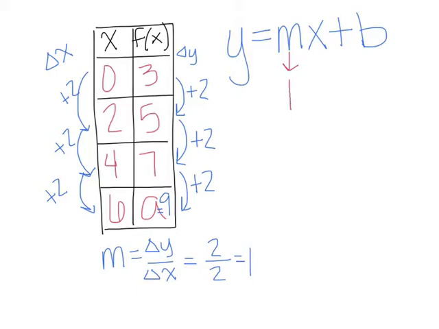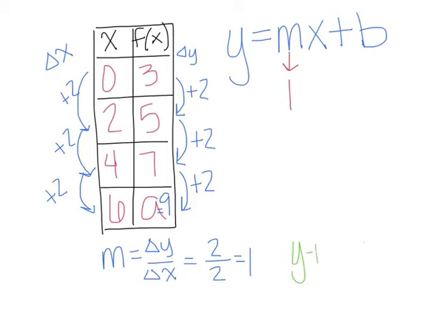Now we need to know the y-intercept. So let's take a look here at the y-intercept. Remember, the y-intercept is what happens when x is 0, right? So when x is 0, this y value is really b. So let's write this out a different way.